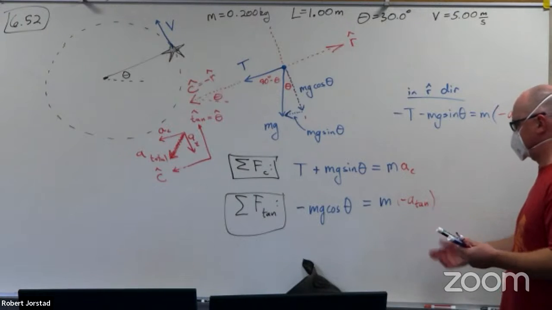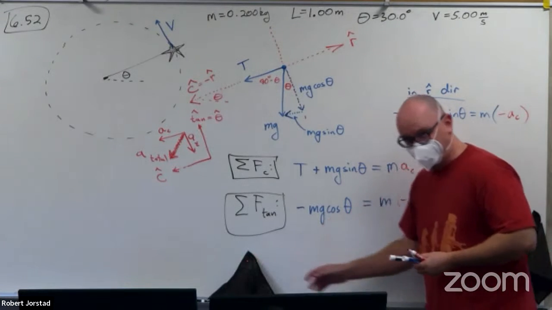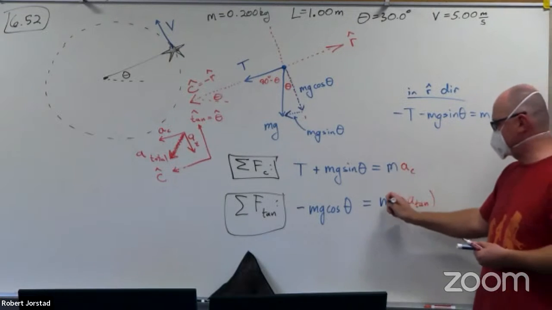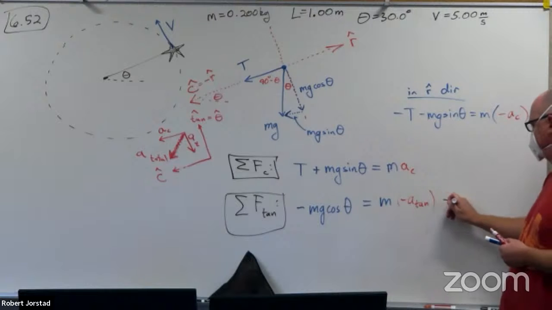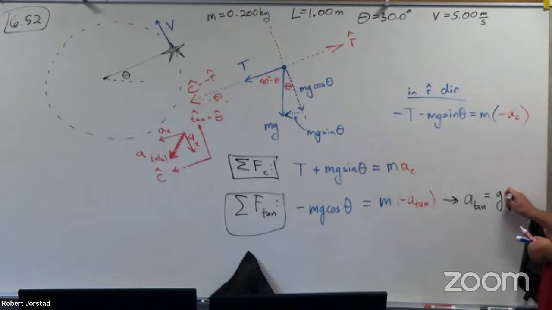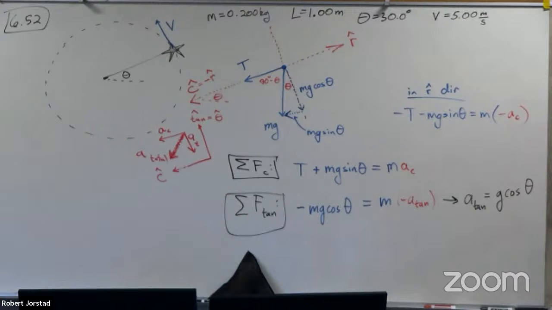Now in this one, check this out. We have already learned something cool. Look at this. What do we get canceling out in this equation? Mass, and we get A tan equals G cosine theta. You agree?